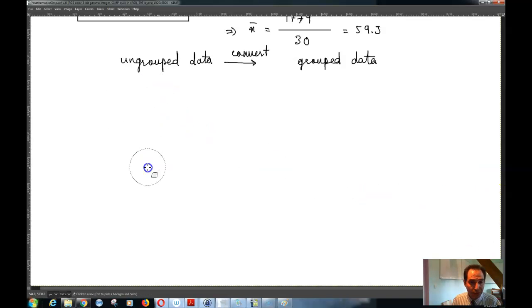So now let's see how we can do that. We had an example which in this book is called example number 1. Let's convert that ungrouped data into group data by, for example, class intervals of width 15. So let's see what example number 1 was.